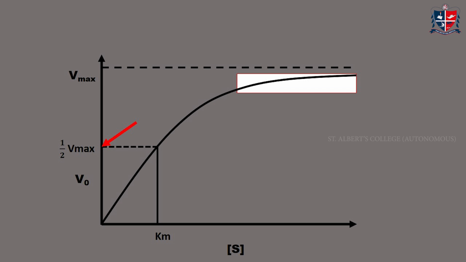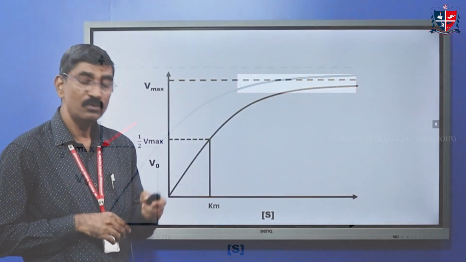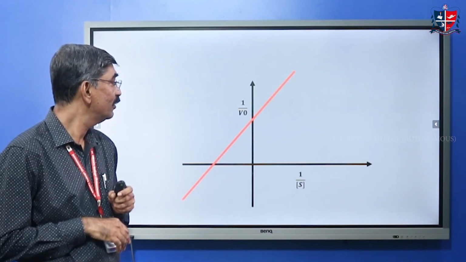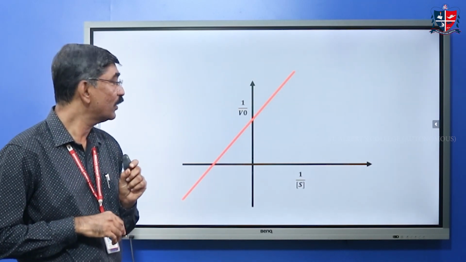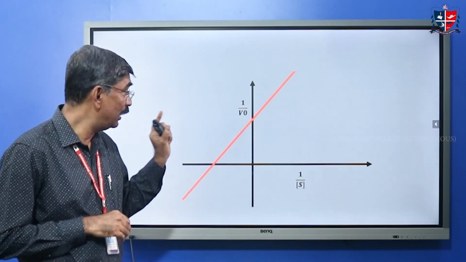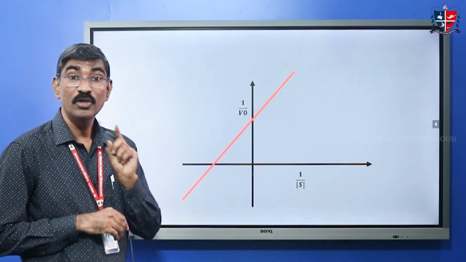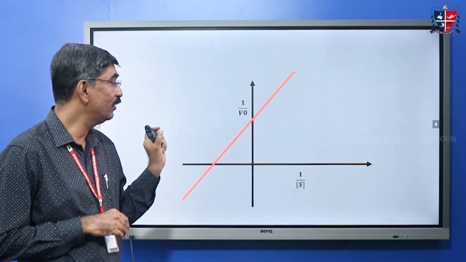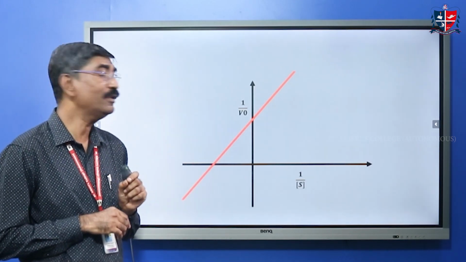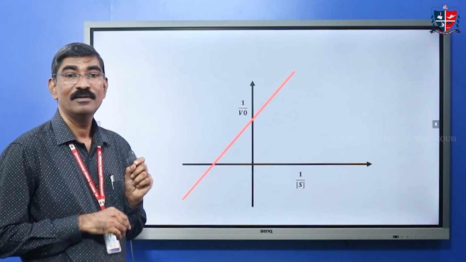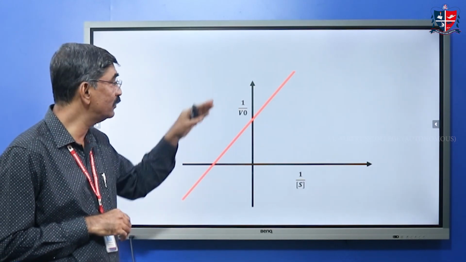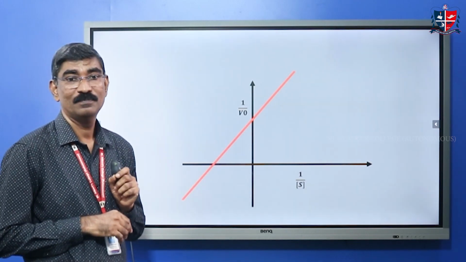Now I would like to invite your attention to an interesting thing. If you plot the inverse of the substrate concentration and the inverse of the initial velocity here, you will get a straight line.